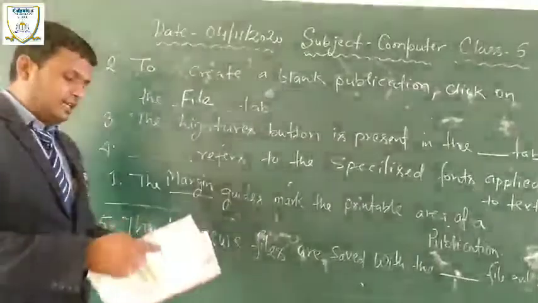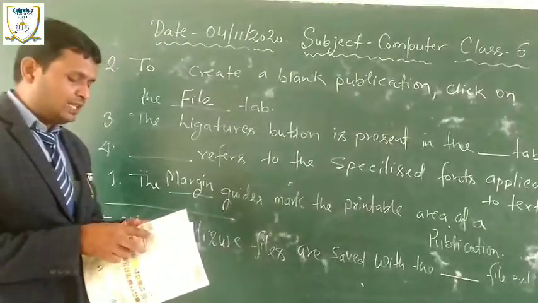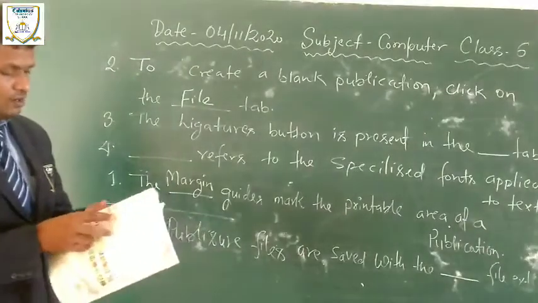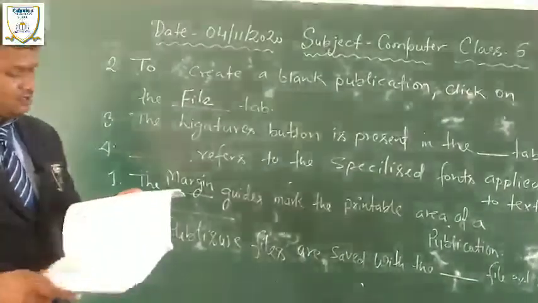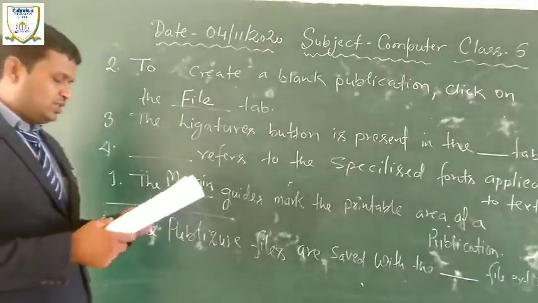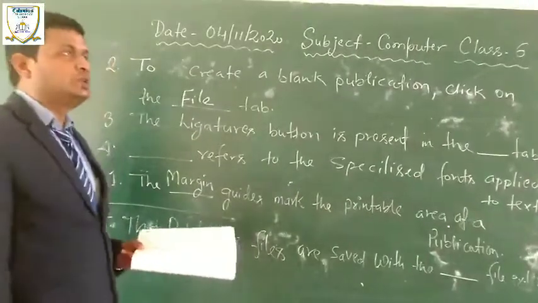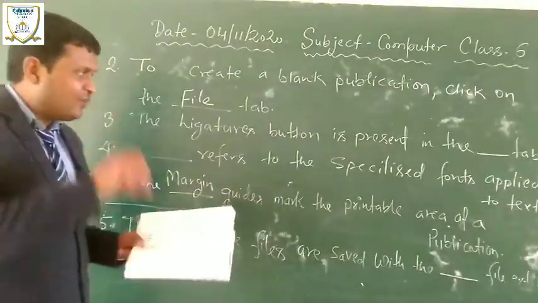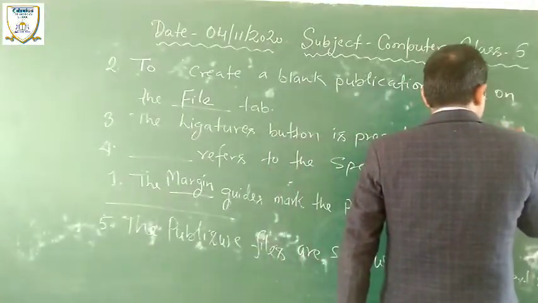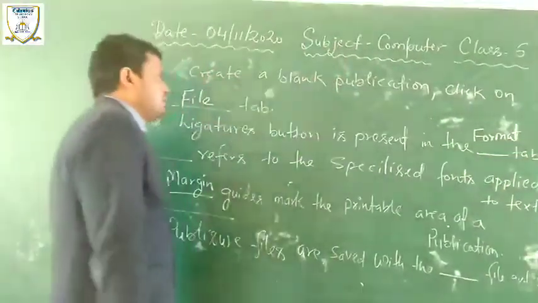I have taught you where the ligature option is. It is given on page number 78, and when you need to insert a ligature, which means two characters, two letters in a joined form, we have to click on the format tab.